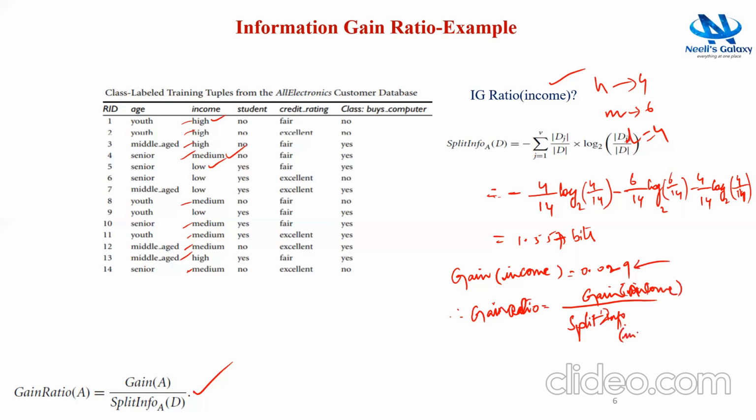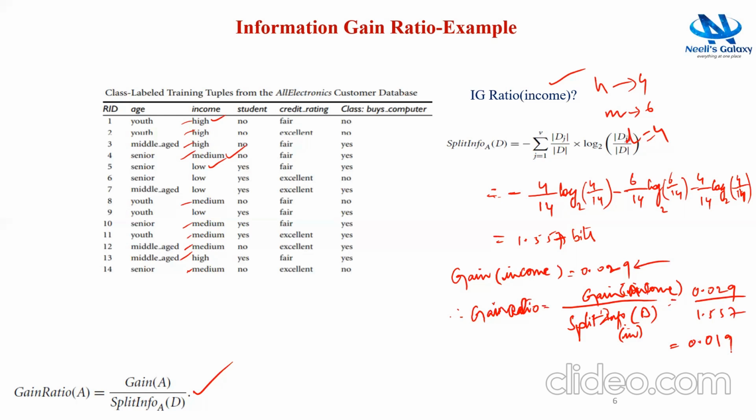Split information of income, of the dataset given income. Which is nothing but 0.029 divided by 1.557, which in turn gives 0.019. So this is the information gain ratio of income.